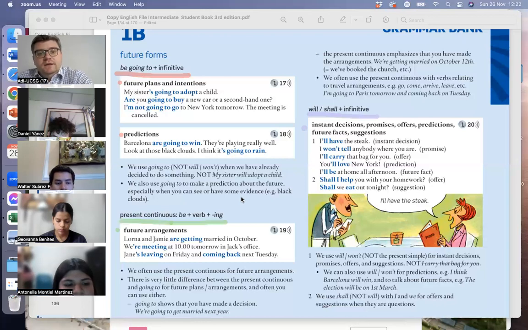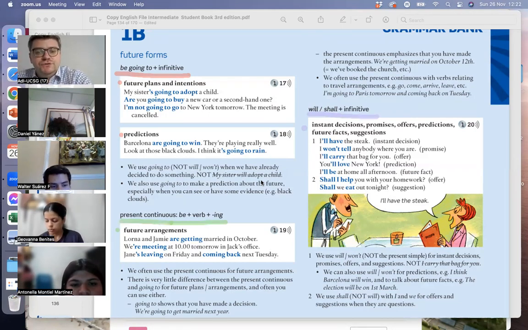So again, the be going to and the infinitive, we are using mainly in these two ways. When we talk about our future plans or intentions, we're not saying my sister will adopt a child. This is something that will happen in the future, okay? So she's thinking maybe in 1 year, in 2 years, but we are not using future simple here.